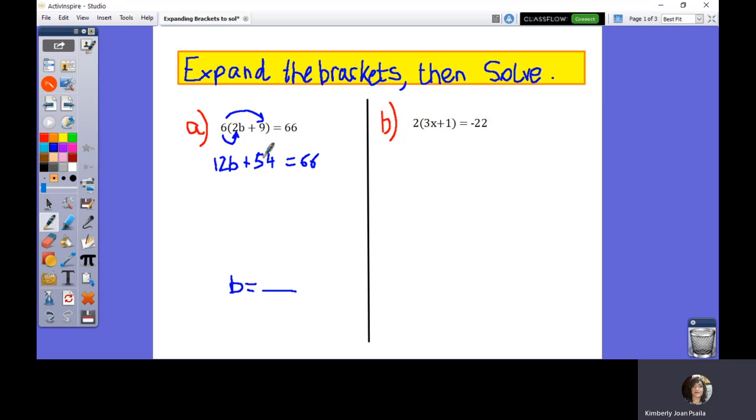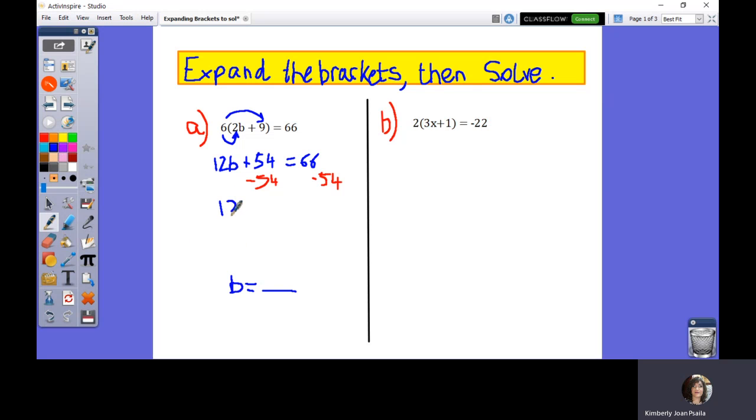So our first step was that we had to open up our brackets. Now we have to get rid of this positive 54. In order to cancel out plus 54, we have to do minus 54 on the left hand side and also on the right hand side in order to keep a balanced equation.